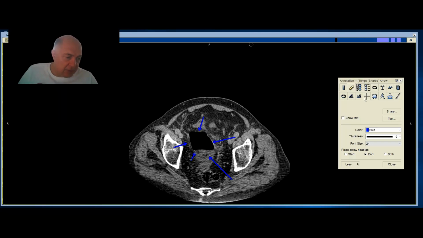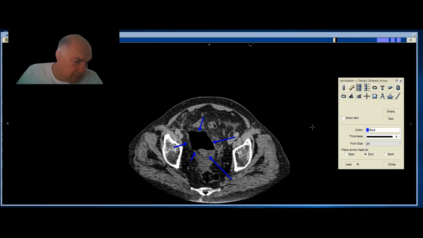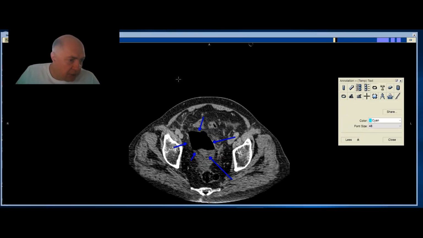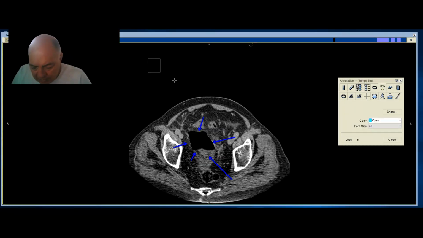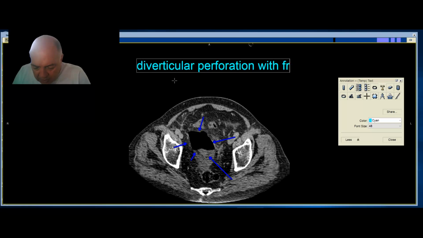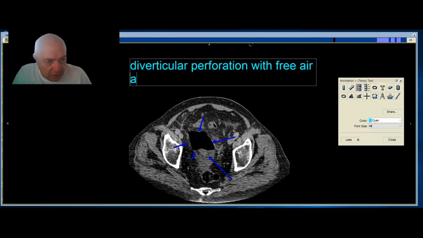That's another collection there. So this is the diagnosis. It's a diverticular perforation with free air and pelvic collections.